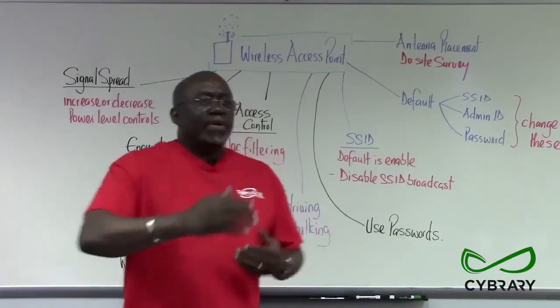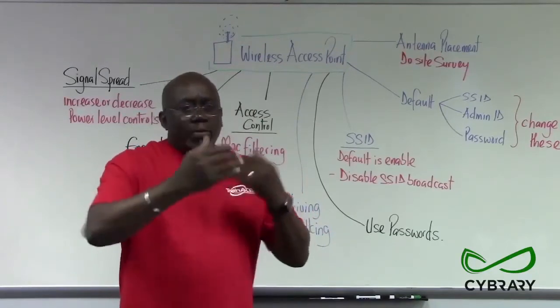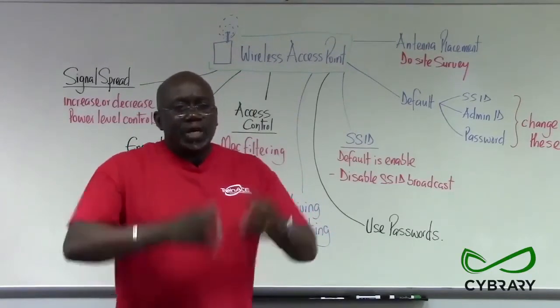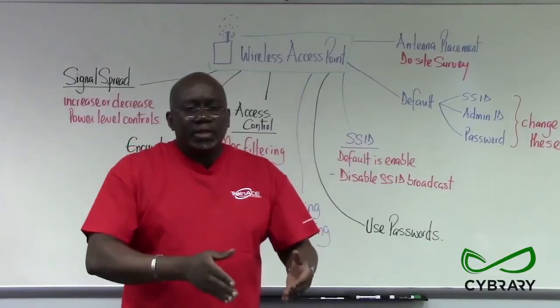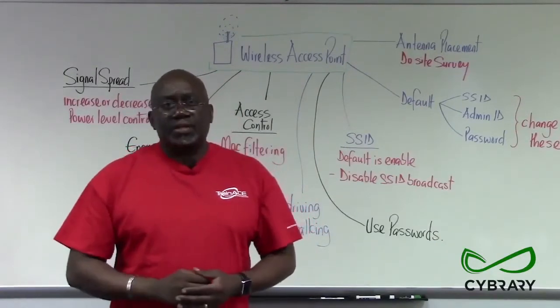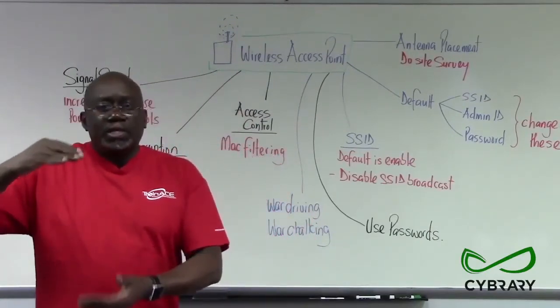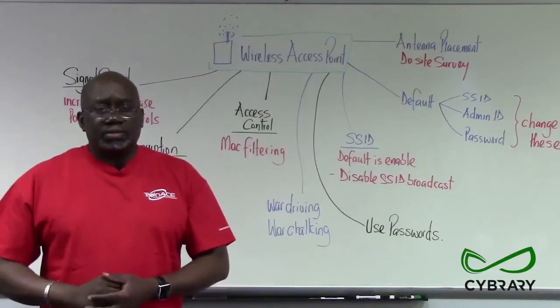So on the wireless access point, the firewall within the wireless access point, we can populate the allow list with the MAC addresses of specific devices we need to connect. We could also populate the do not allow list with devices we don't want to connect.